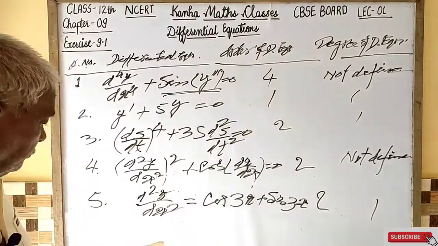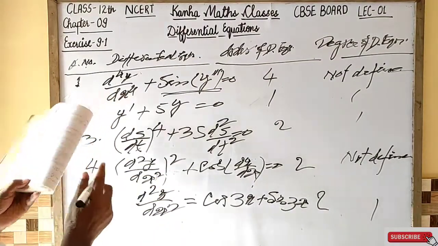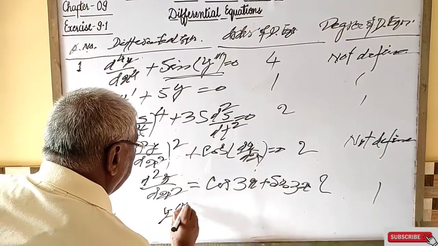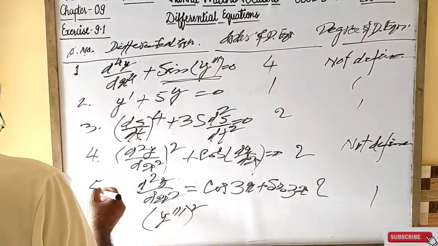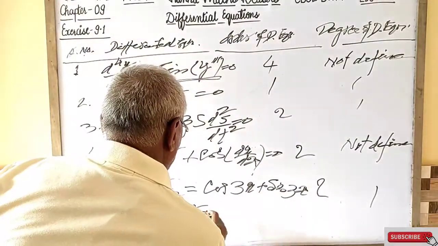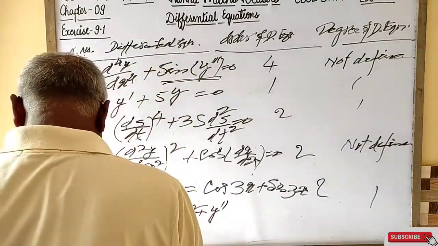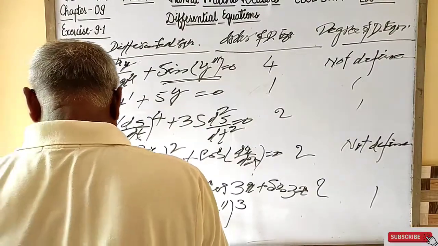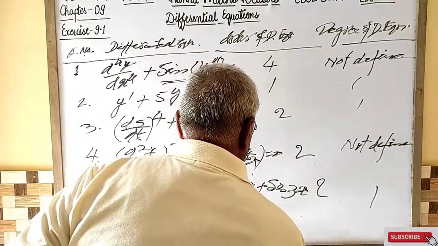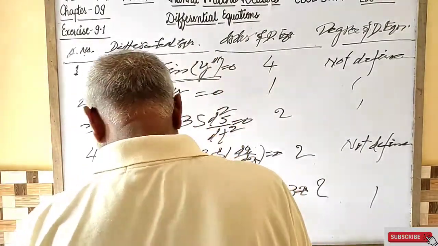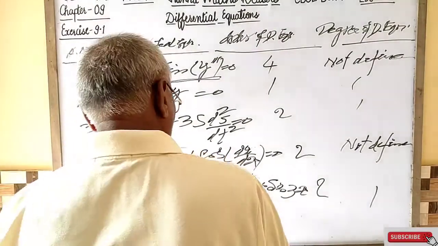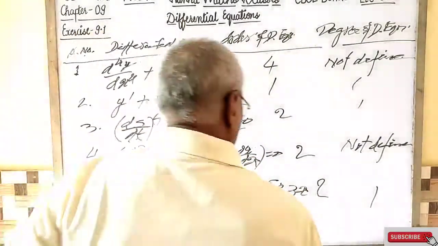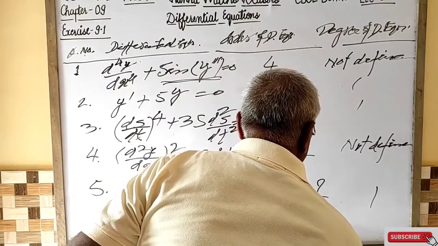Under question number 6, it is given (y triple dash) square plus (y double dash) cube plus (y dash) to the power 4 plus y to the power 5 is equal to 0.